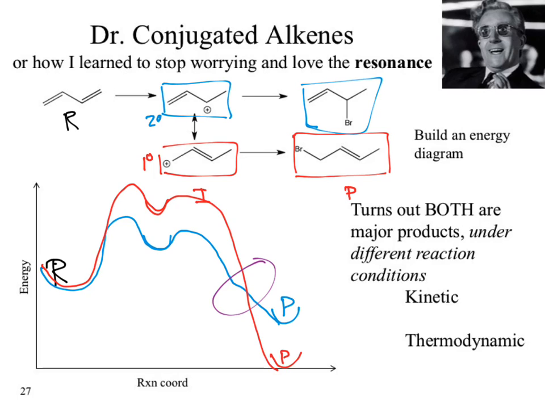What dictates which product we get has a lot to do with how much more stable the products are or how much energy we've provided to the reaction. The blue pathway happens faster because its activation barrier is smaller. The red pathway is a more stable product, so we could reference it as thermodynamic.